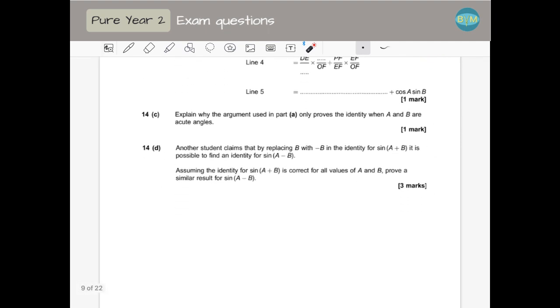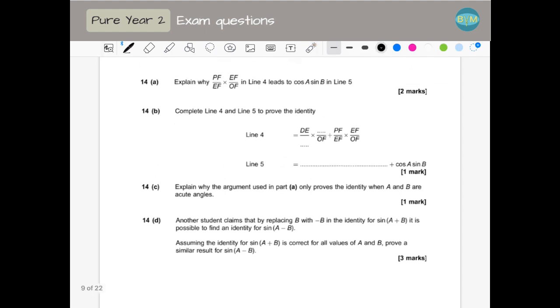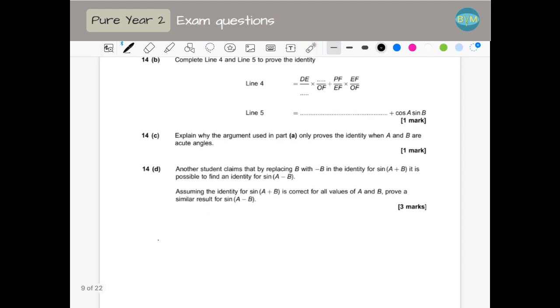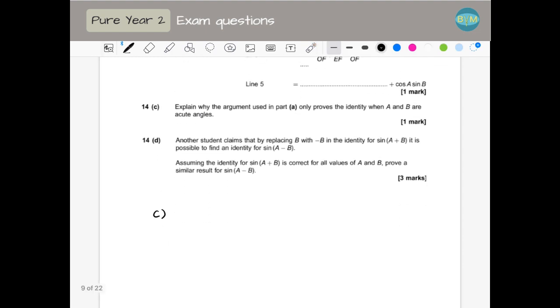What else? Explain why the argument used in part A only proves the identity when A and B are acute angles. For this proof, and that's something that you probably should remember, we are using right angle triangles, which means A and B can only be acute.